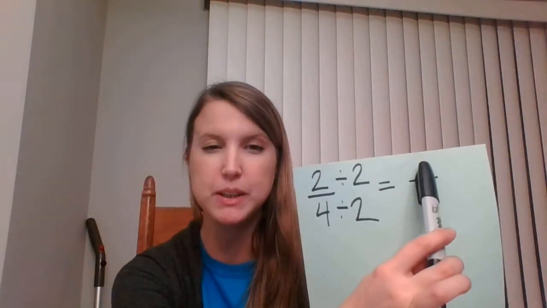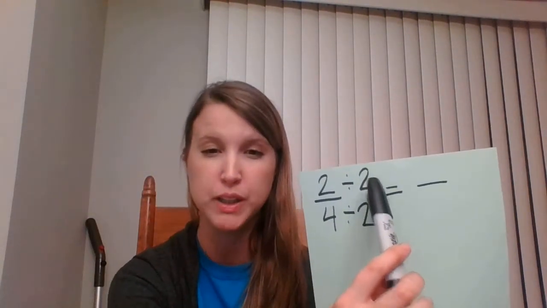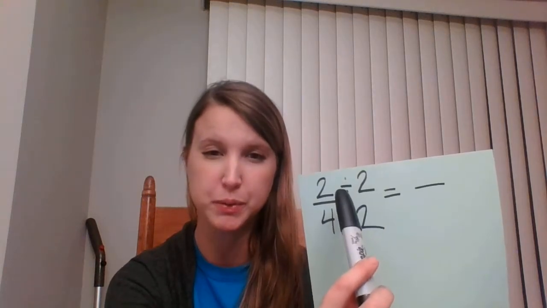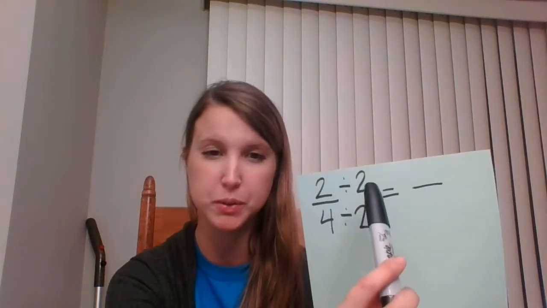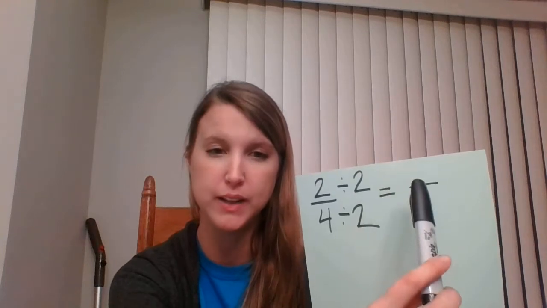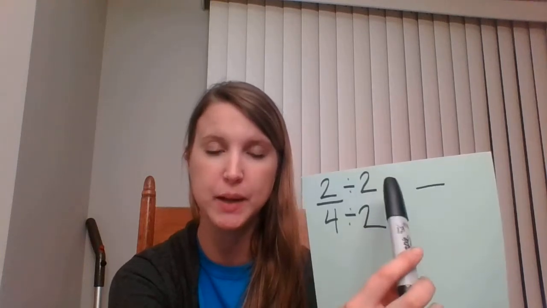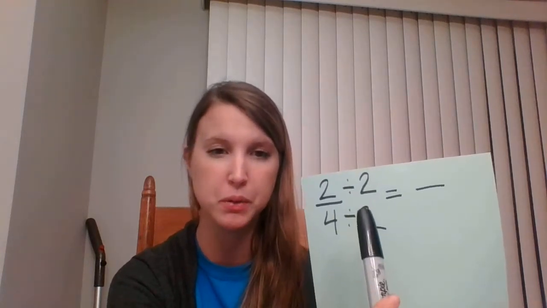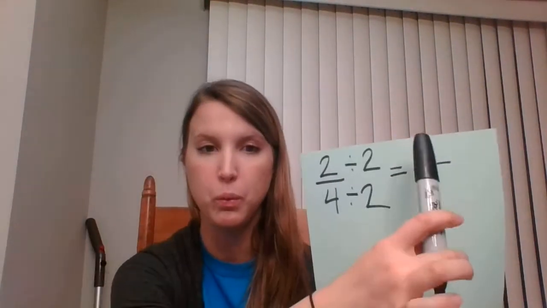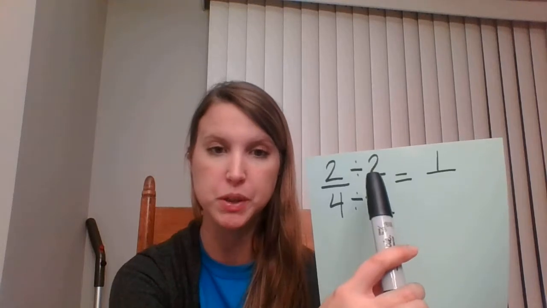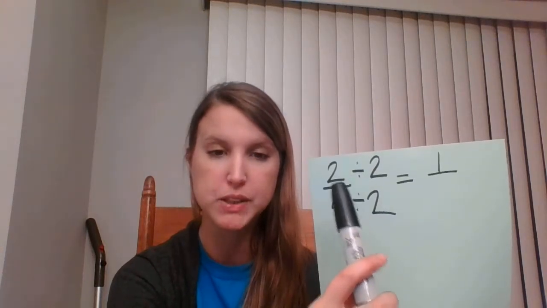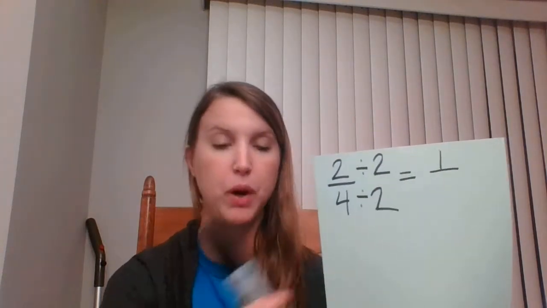Think about this. What factor can I multiply by 2 to get the product of 2? Okay, 2 divided by 2 equals what? What number times 2 will equal 2? Well, I know 1 times 2 equals 2. So 2 divided by 2 must equal 1.